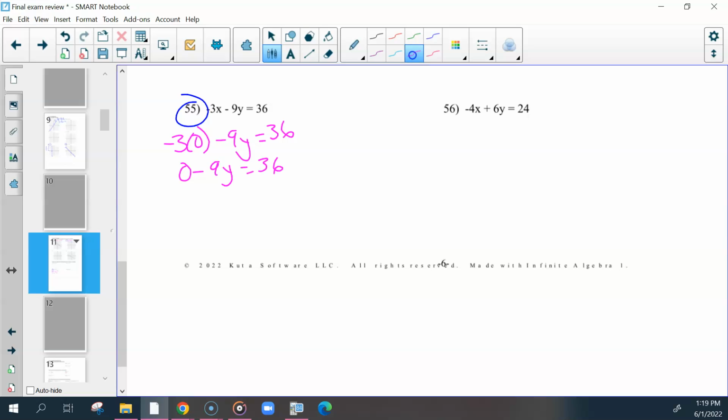This would just become -9y, the 0 would go away. And then we could divide both sides by -9. So y would equal -4. We're still going to put these in as ordered pairs. So that would be the point 0, -4, because x was 0.